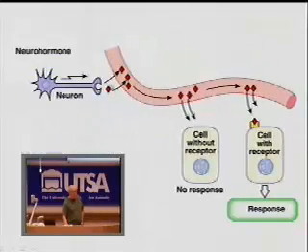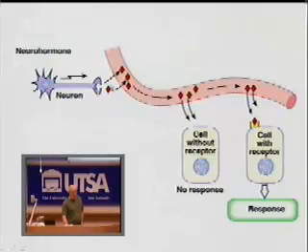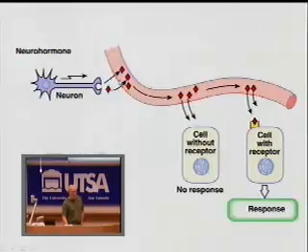So again, it produces a local interstitial fluid concentration that is of higher concentration there than in the plasma. And again, where we have this type of a junction between a neuron axon terminal and a capillary bed, it is called a neurohemal junction, H-E-M-A-L.